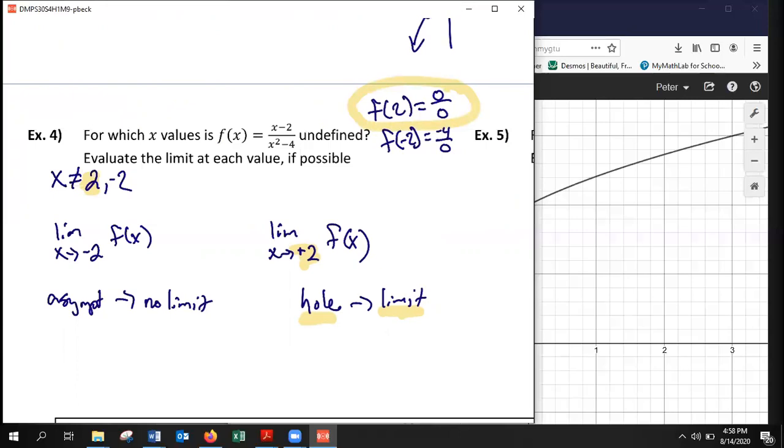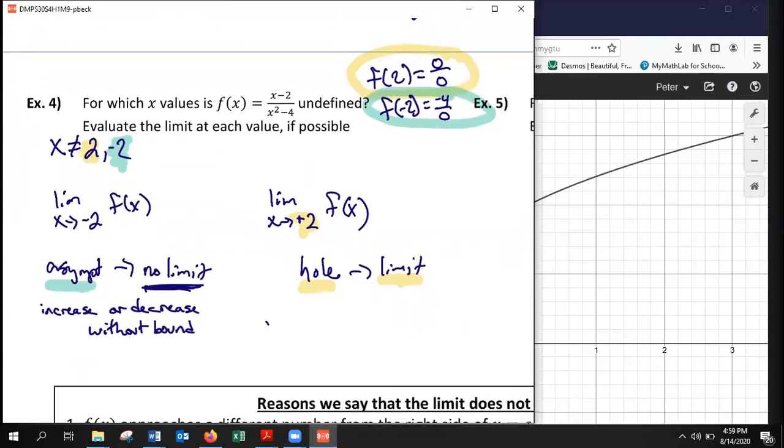On the flip side, if x is approaching -2, then if we plug in -2, we can see that it's not just a 0 over 0, we have a number over 0. That number over 0 ends up telling us that we're going to have a vertical asymptote on that graph. So if we have a vertical asymptote, that causes us to say we increase or decrease without bound. And because we increase or decrease without bound, we end up having no limit. If we just have a hole, we have a limit.